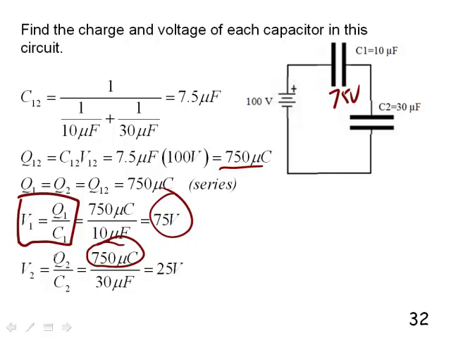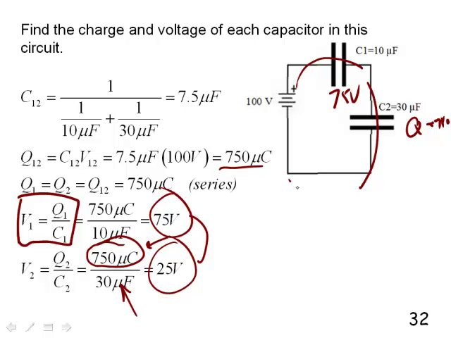That was the total charge on the entire circuit, but I know that it also has a charge of 750 here too. So Q2 divided by C2 gives me the voltage on C2. And those add up to 100 because in series, if we jump up 100, we go down 75, we're going to have to go down another 25 to get back to our 0 if we have that grounded.